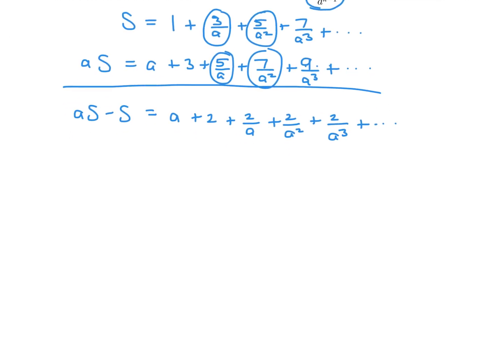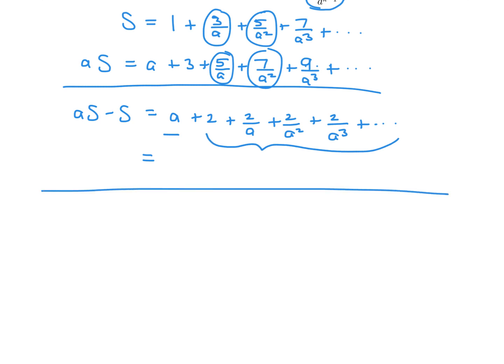Now, at this point, I think these terms have a common ratio. This one kind of is all by itself, so we'll concentrate on those terms. Those terms have a common ratio of 1 over a, because you just take one of those and divide by the one before it.